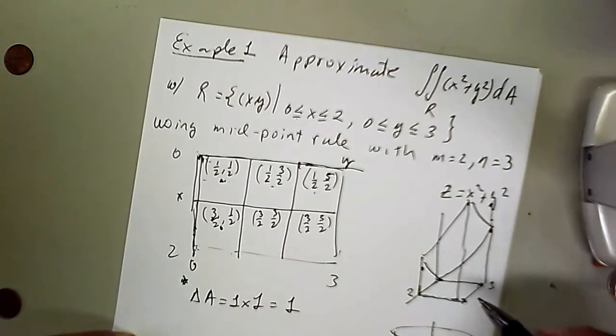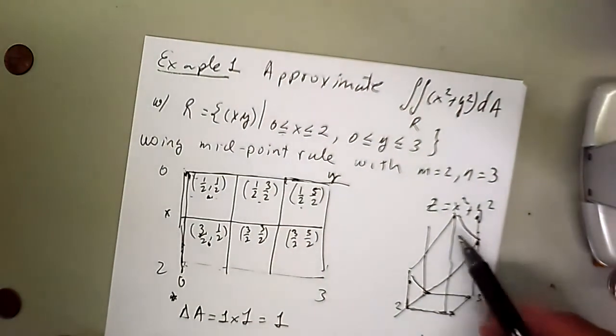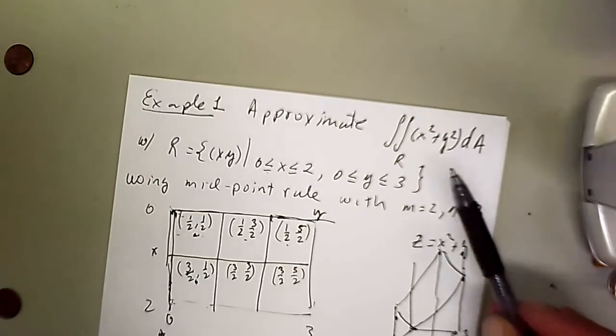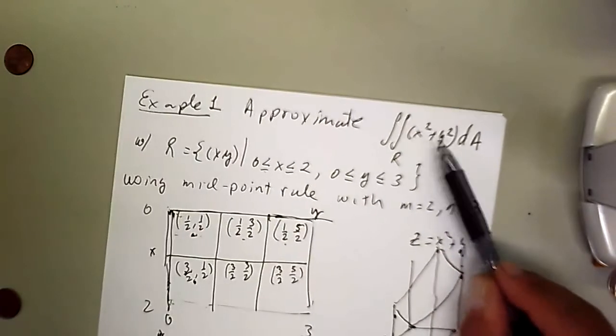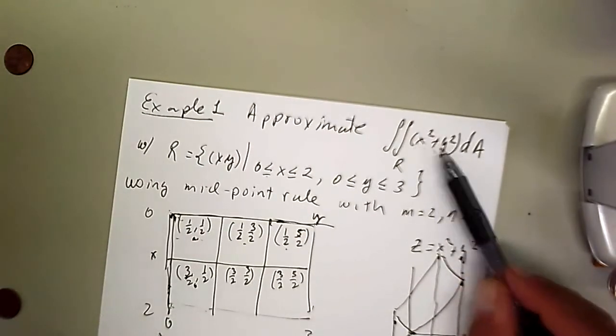Those are the inputs. But what about the output on each one of those rectangles? Well, we've got to square each one of those according to this function that we're integrating.